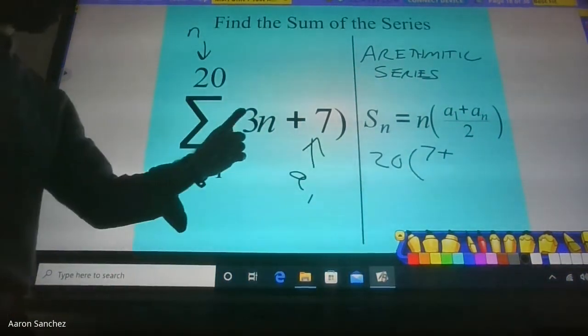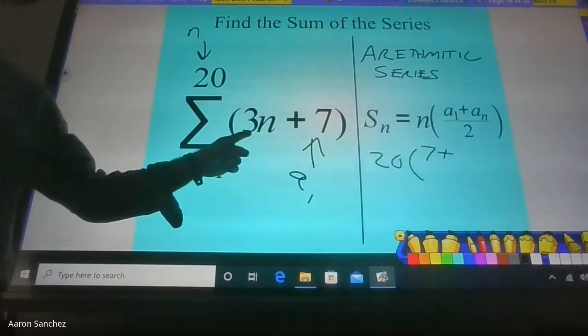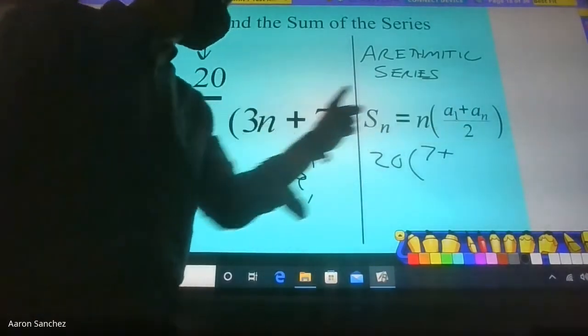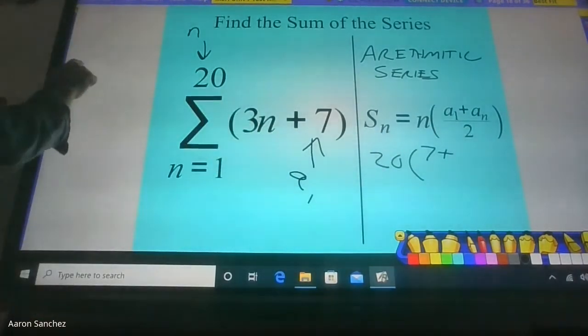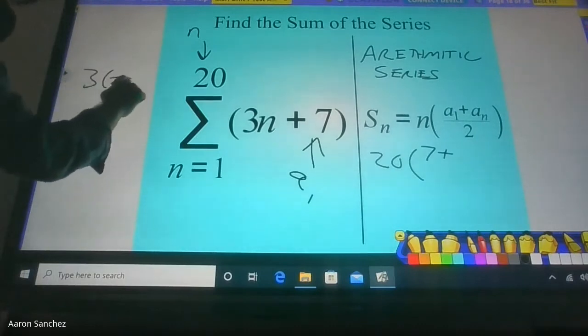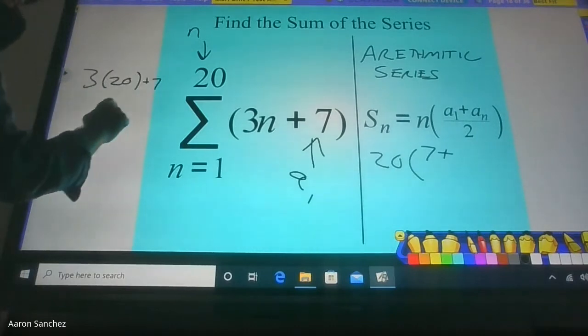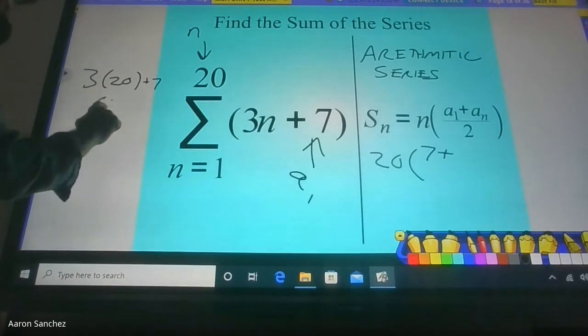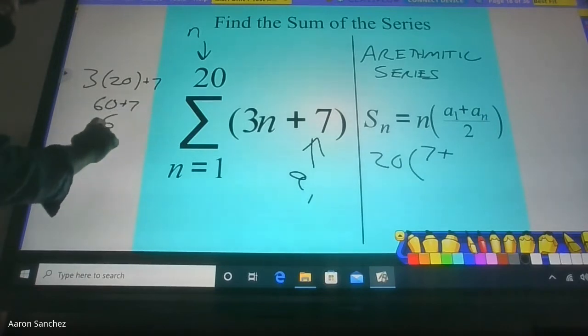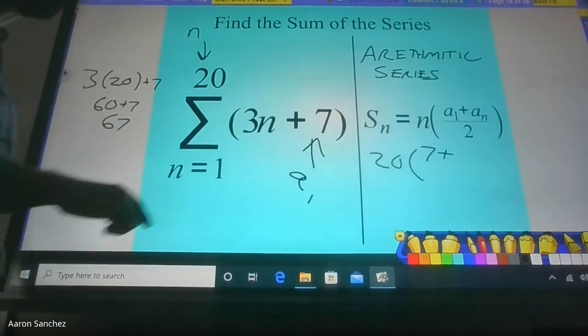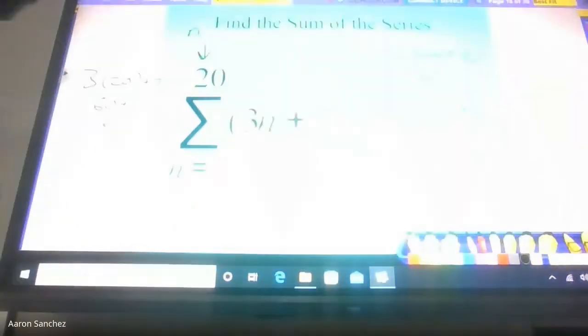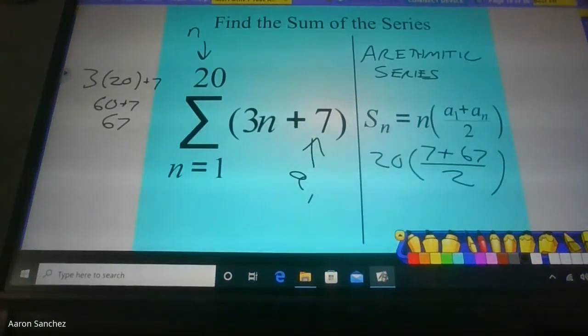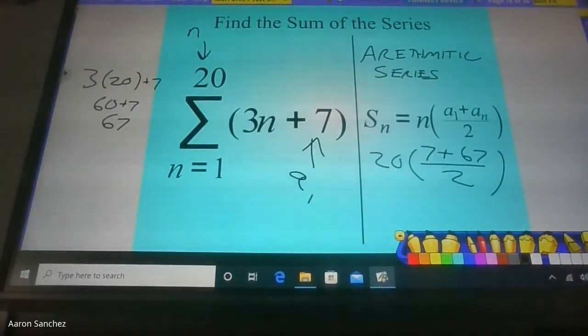Well, n is 20. It means we plug 20 into here. The a sub n is when I plug 20 into here. So we say 3 times 20 plus 7 is 60 plus 7 is 67. So plug that in here. 67, plug in 20, divide by 2, and what do you get? Right? I get my calculator out. And that's all you have to do.